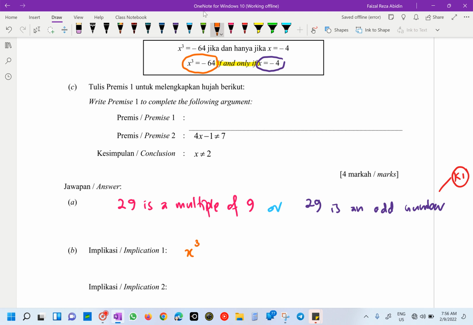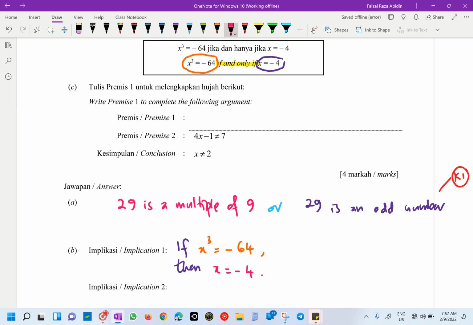It needs the if first, teacher. If x cube equals to negative 64, then x equals to negative 4. Full stop. Oh, the full stop is needed too.